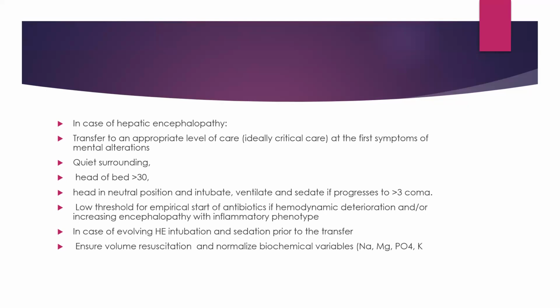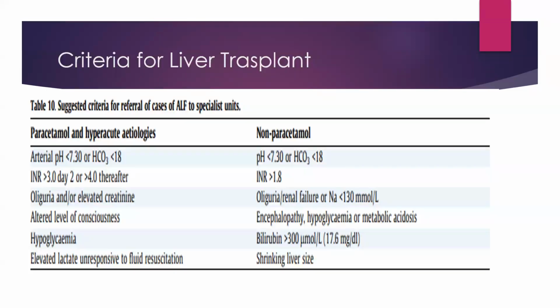Then there should be a low threshold for empirical start of antibiotic if hemodynamic deterioration or increasing encephalopathy with inflammatory phenotypes. In case of evolving hepatic encephalopathy, sedation and intubation prior to the transfer. Ensure volume resuscitation and normalize biochemical variables like sodium, magnesium, phosphorus, and potassium.